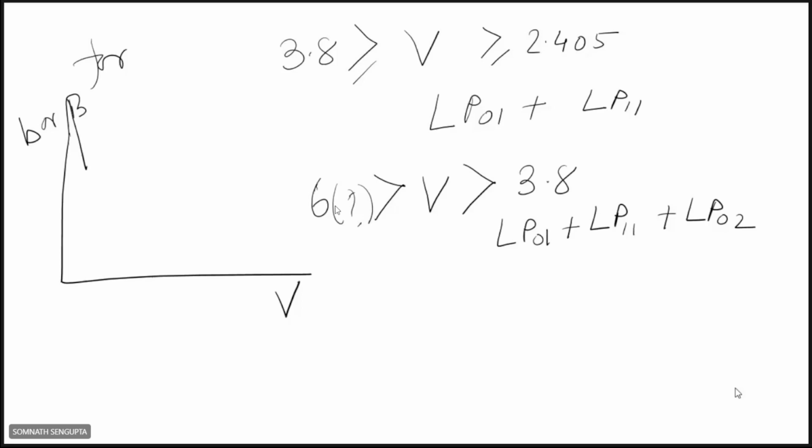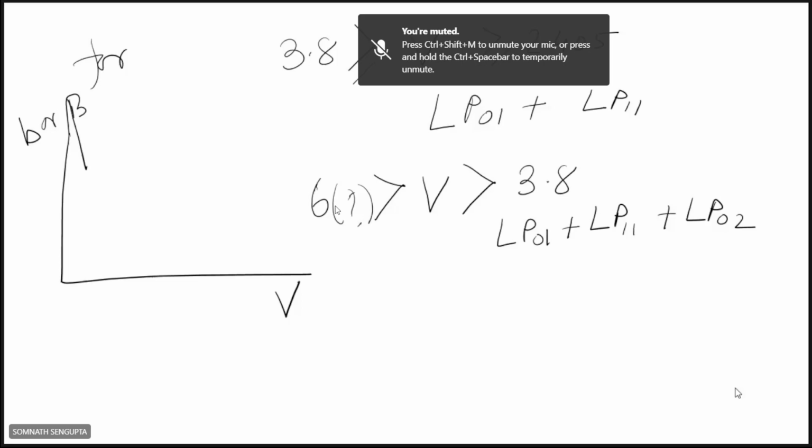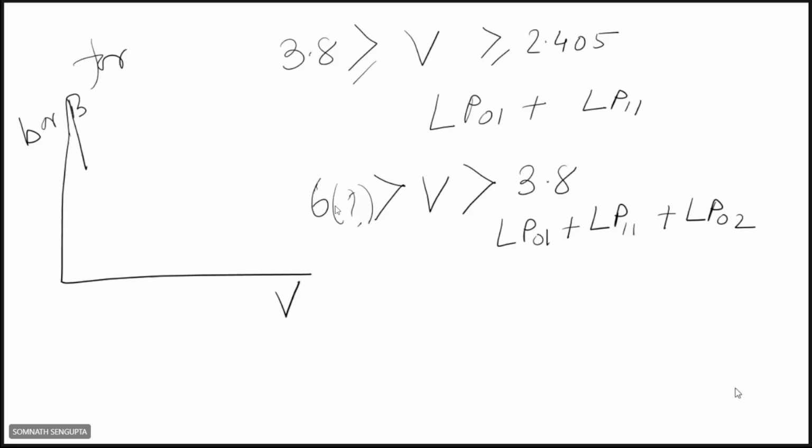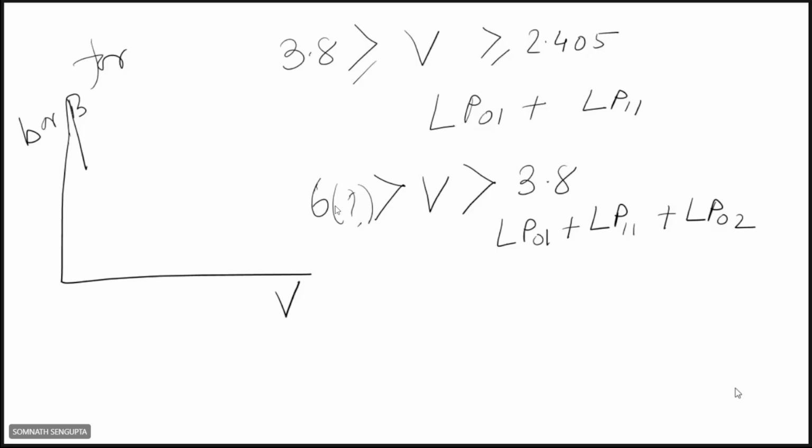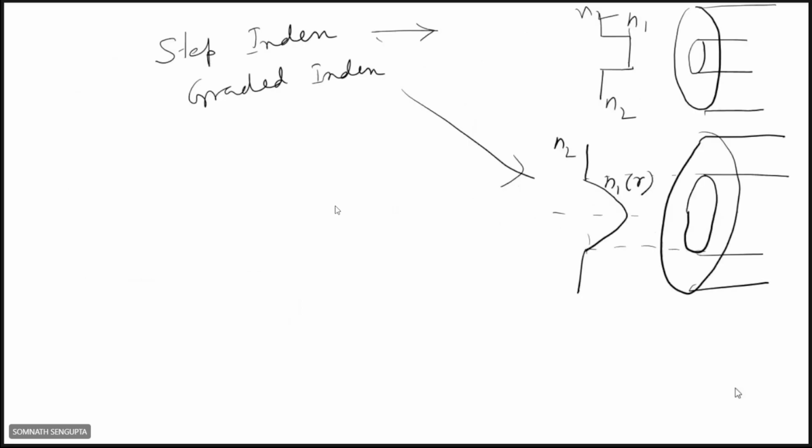So in cylindrical waveguide, all modes propagate, and exceptionally the hybrid modes, that is HE and EH, both electric and magnetic field, are present in the transverse direction of the light propagation. Then we discussed about step index and graded index fiber. Okay.